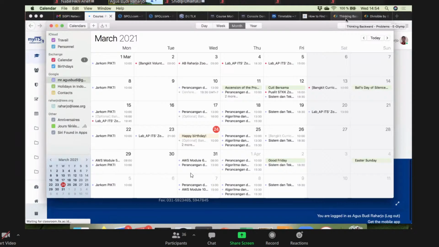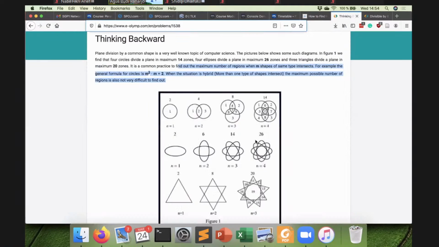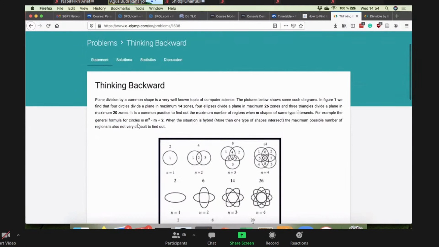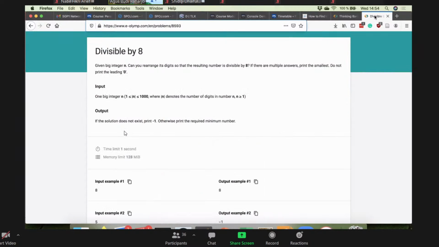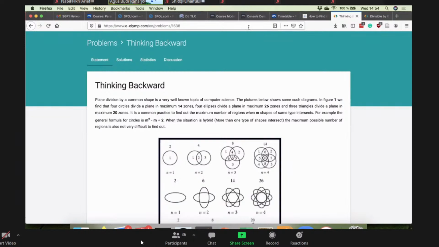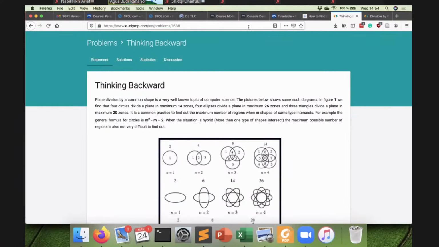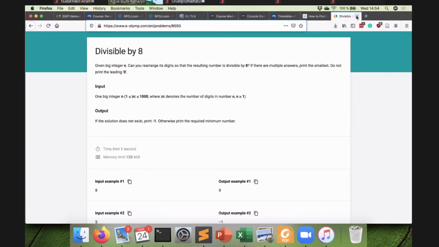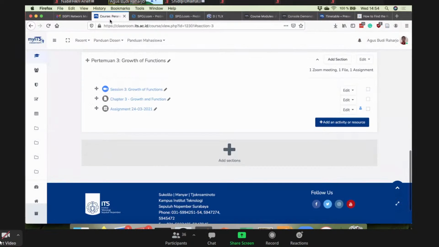So you only have to do these two: thinking backward and divisible by 8. Well, you can start right now. If you have any questions, you can ask me through the WhatsApp group, etc. Is it clear? Okay.